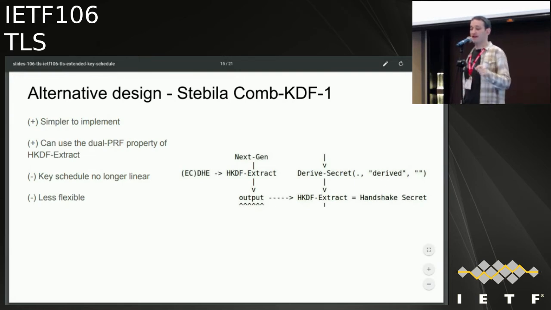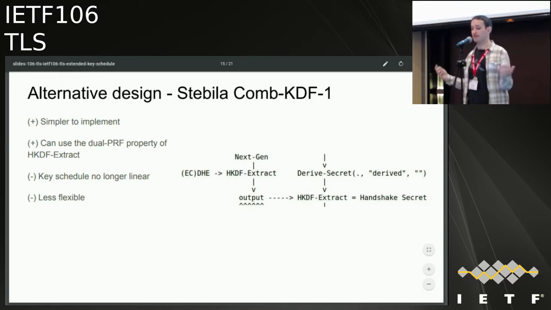So this basically just uses the dual PRF property of HKDF, and this is copied from Draft Stabila and labels combining KDF1, and basically we extract from the ECDHE and, in this case, next gen would be quantum safe, but we'd replace that with just anything.